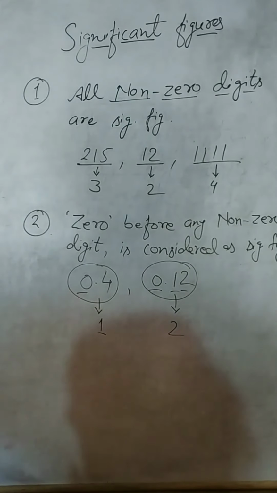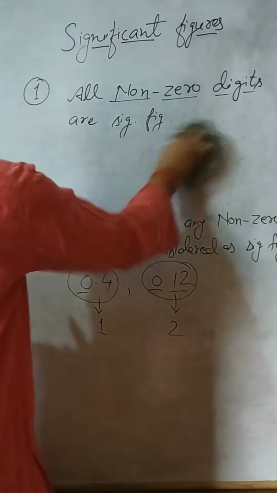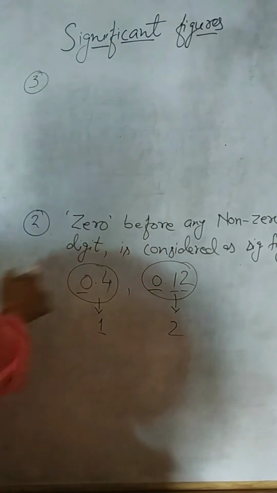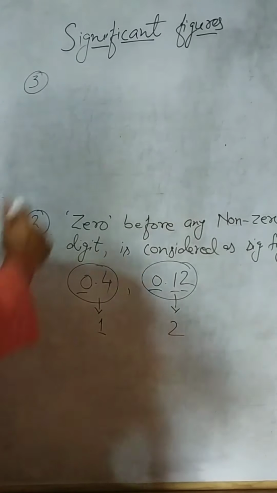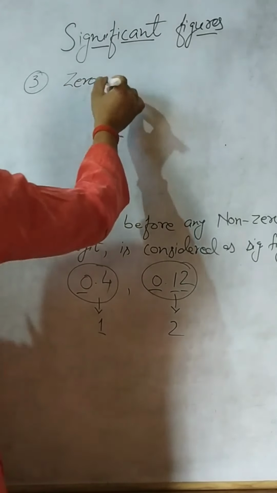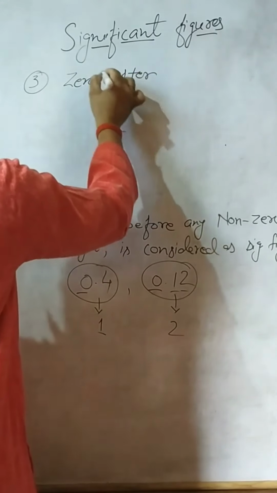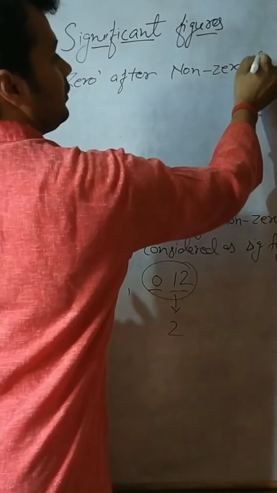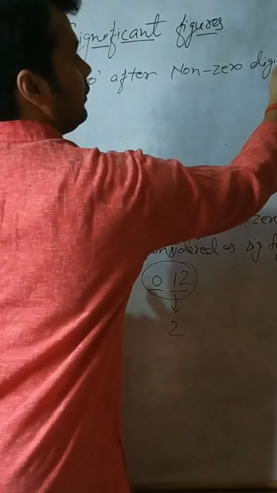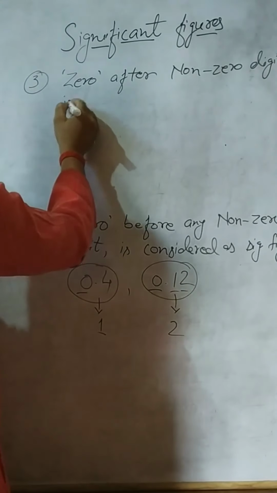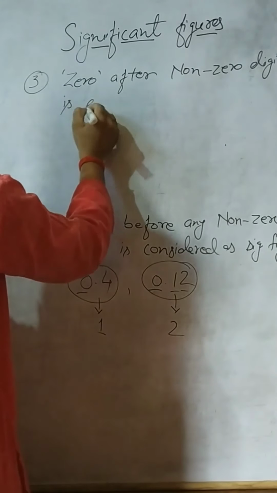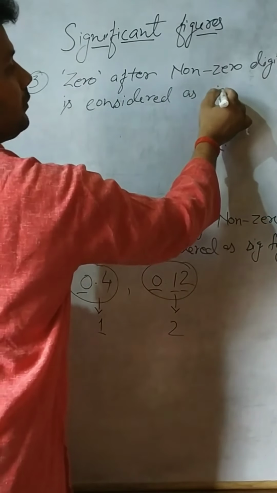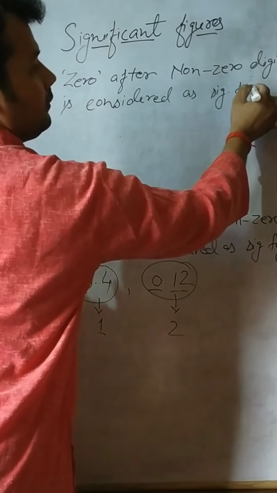Clear? Now the third rule says, we have talked about zeros before non-zero digits. If the zeros are after non-zero digits, then zeros after non-zero digits are considered significant figures.